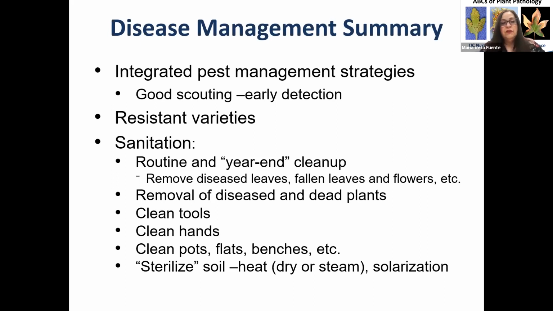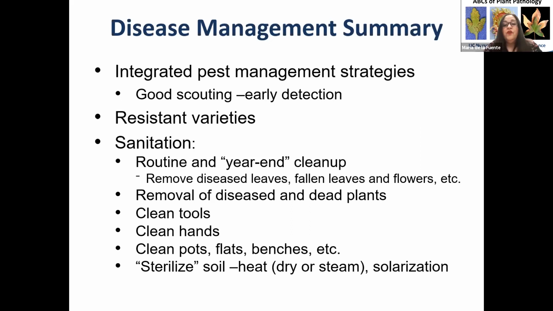Use as much as you can the resistant varieties, and then all the sanitation techniques or methods possible. Once in a while, at least have a year-end routine cleanup. When you remove all the debris that has fallen, bury it far away from your greenhouse, far away from your nursery. Do not leave it piling over there because it's a source, a harboring space for all the pathogens.